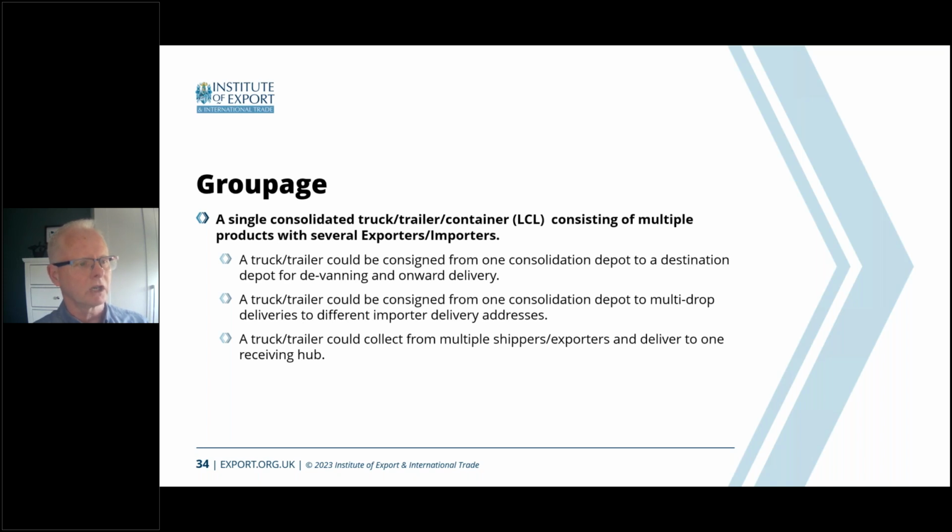So it could be a truck that's consigned from one consolidation depot to a destination depot for devanning and onward delivery. It could be that the truck is consigned from one consolidation depot to multi-drop deliveries to different importer delivery addresses, or it could be a trailer that's going to collect from multiple shippers or exporters and deliver to one receiving hub. Move on to the next slide, please.